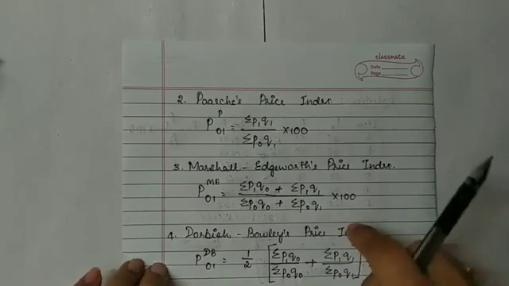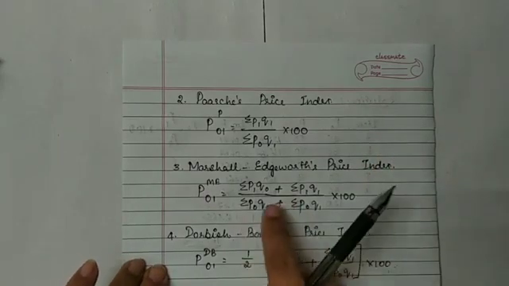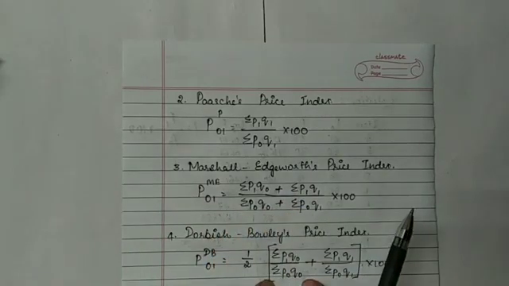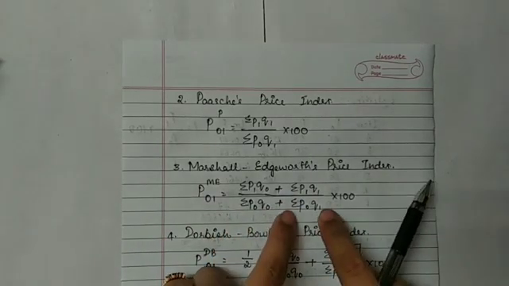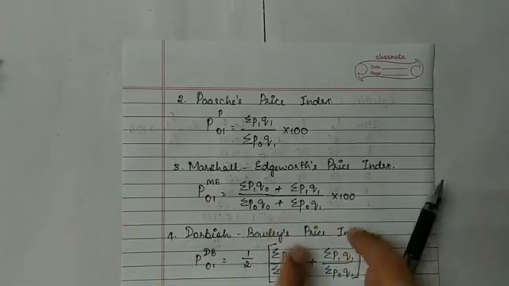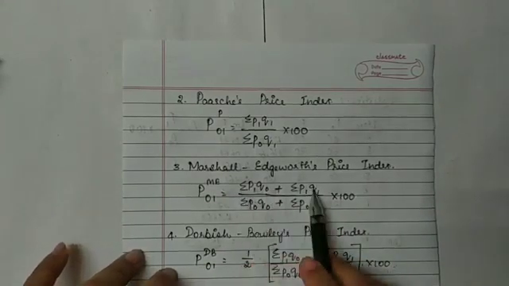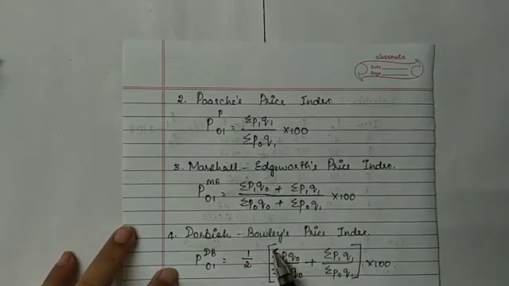This again is similar to the previous one. Here the first part is Laspeyres, and the second part is of Paasche. Here we added the first two, but here we are adding the entire formula.